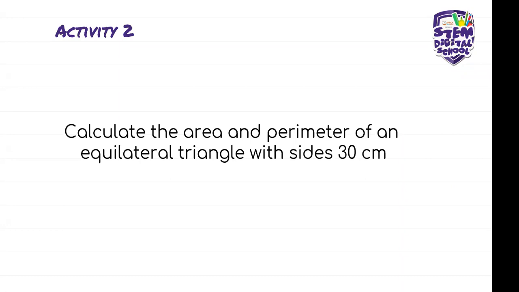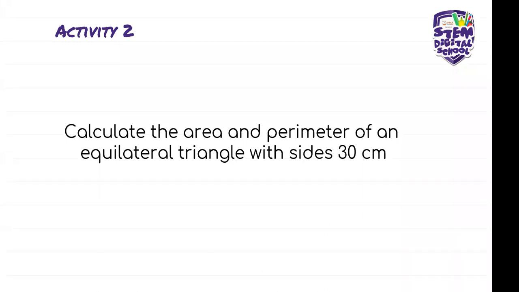It helps a lot to know what kind of triangle we are talking about, because once you know the type of triangle, it will be easier for you to calculate the perimeter and hopefully also the other one, which is the area. So I'm just going to give you a chance now to calculate.